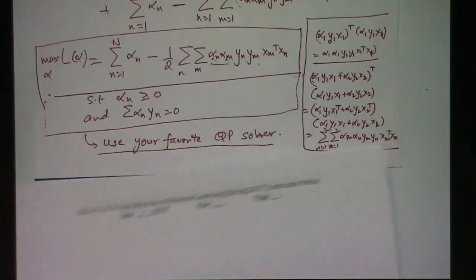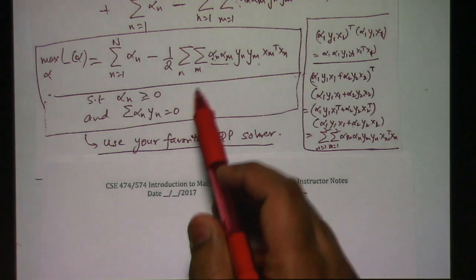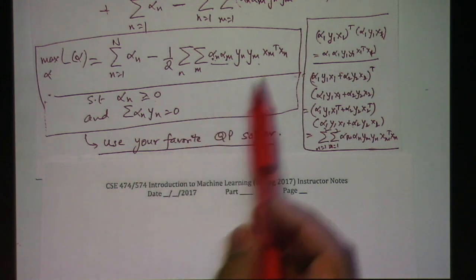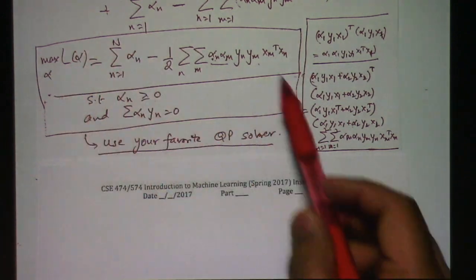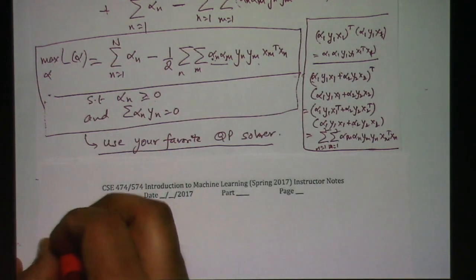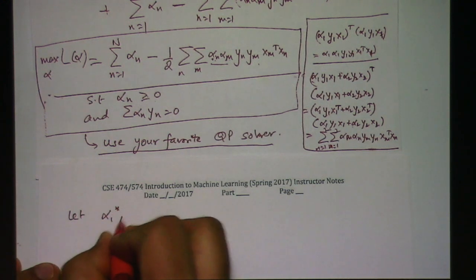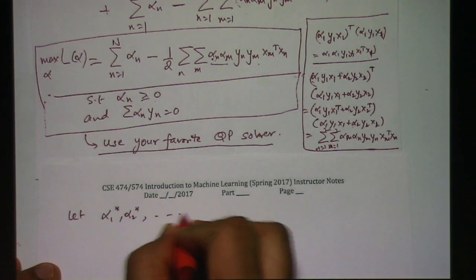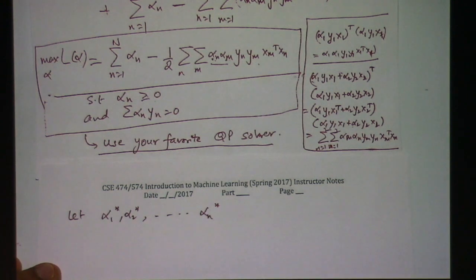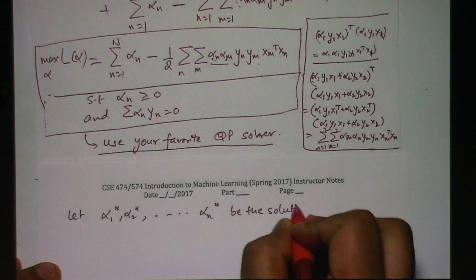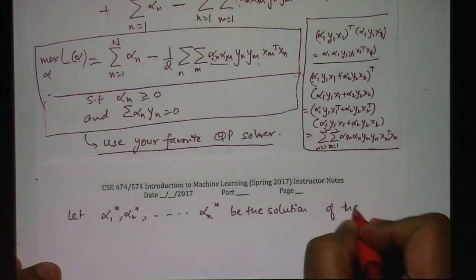But the point that I'm trying to make here is that at this point, I'm not going to go further into the math. We are going to assume that there's a solution, some black box that will give us this solution, all right? So let's say alpha 1 star, alpha 2 star, and so on, be the solution of the QP problem.